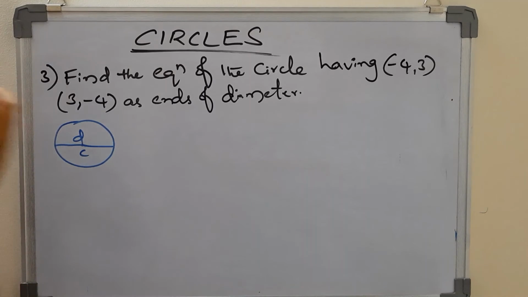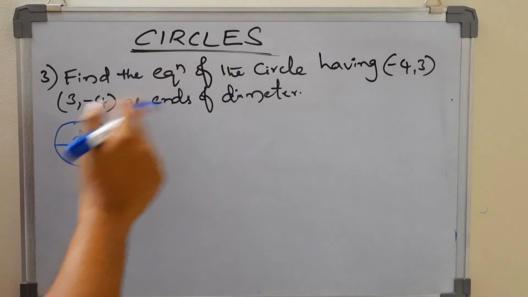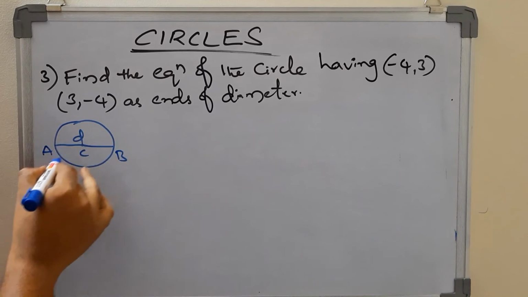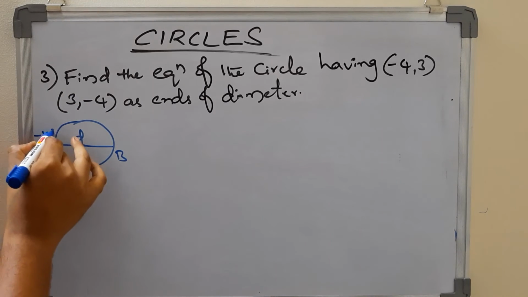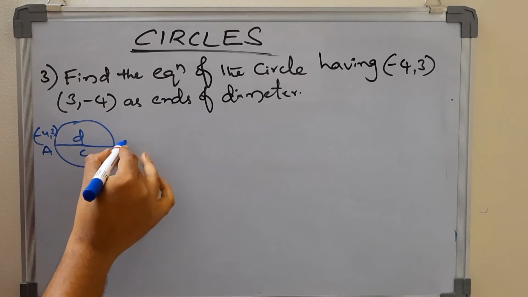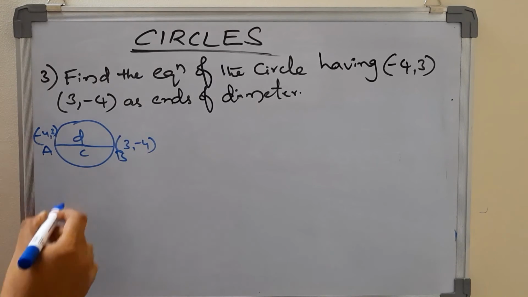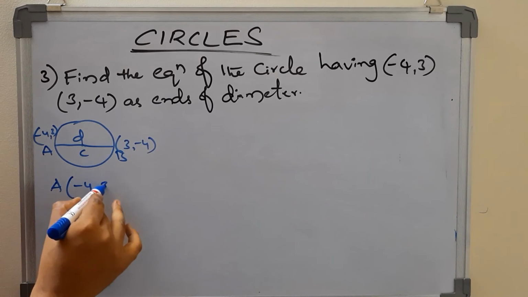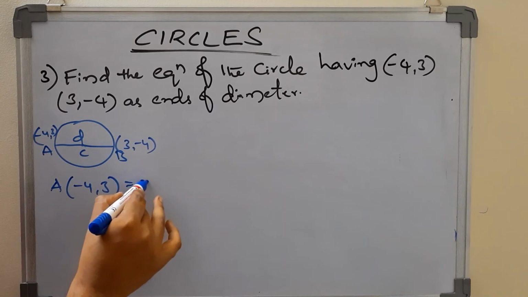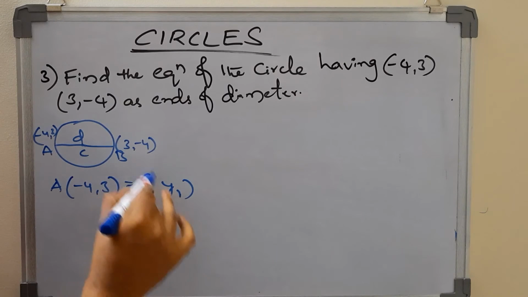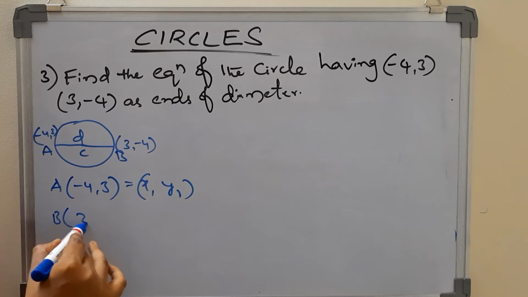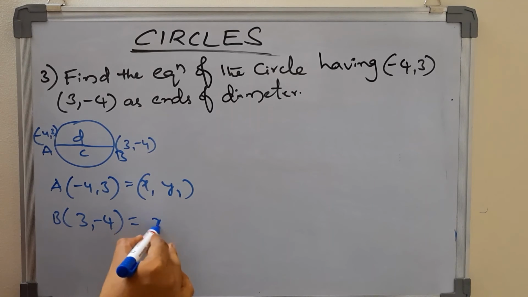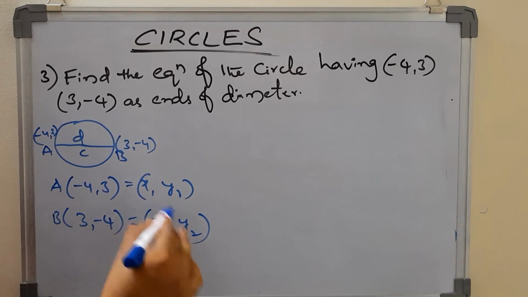He has given the ends of the diameter. That means consider this one as A and this one as B. He has given minus 4 comma 3. This is one end and another end is 3 comma minus 4. So let A is (minus 4, 3), consider this as x1 y1, and B is (3, minus 4), consider this as x2 and y2.